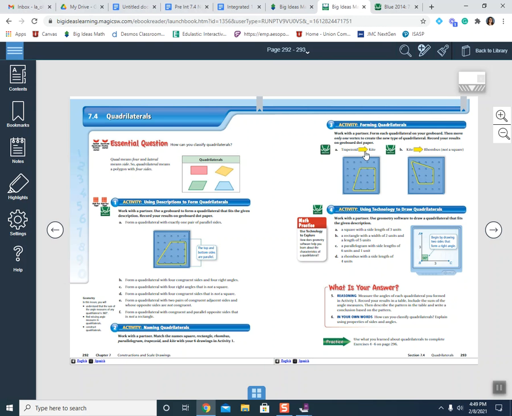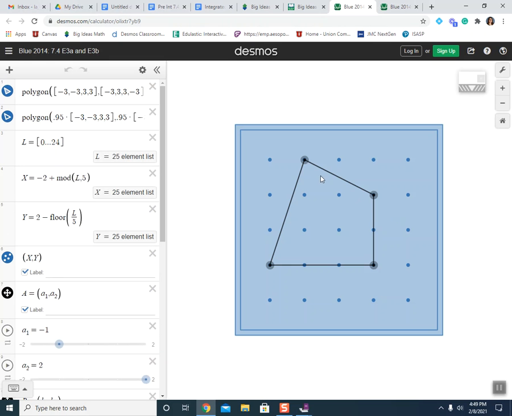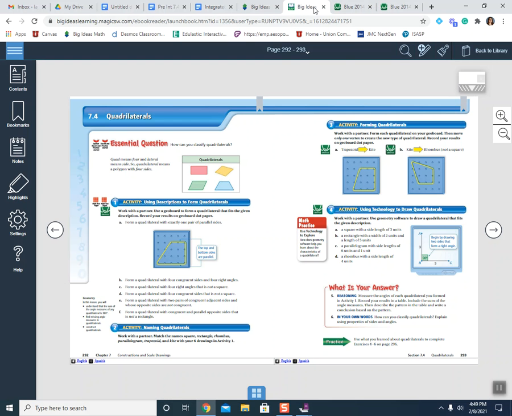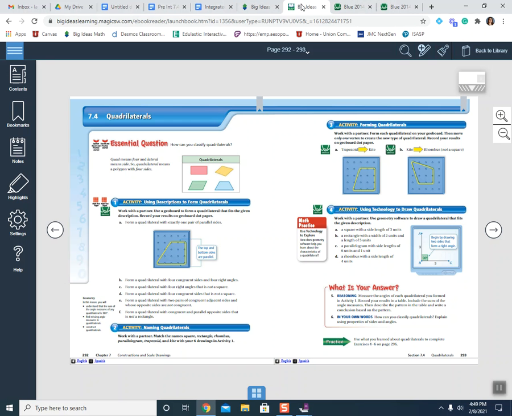The second one, I think, is like this. Is that right? Yeah.